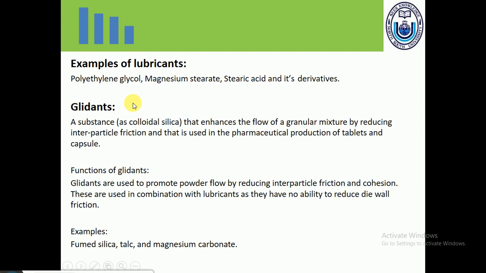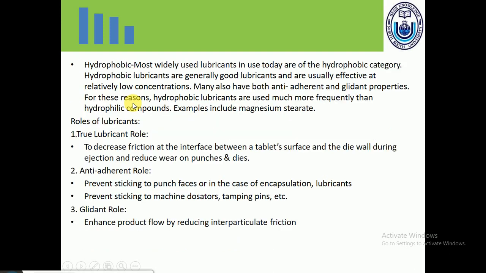Now, what are the roles of the lubricant? The first one is the true lubricant role: to decrease the friction at the interface between the tablet surface and the die wall during ejection and reduce wear on punches and dies.